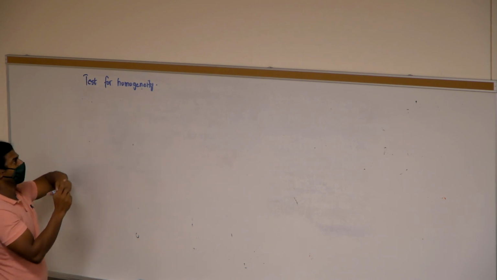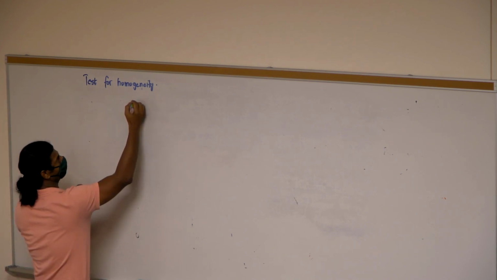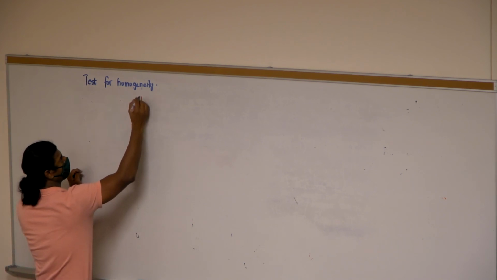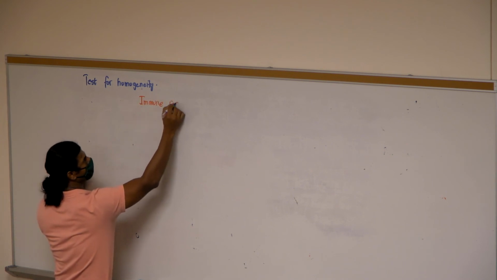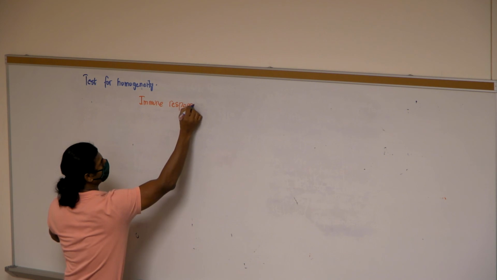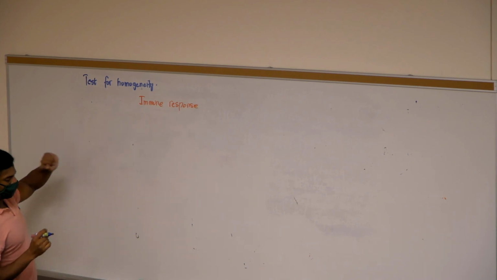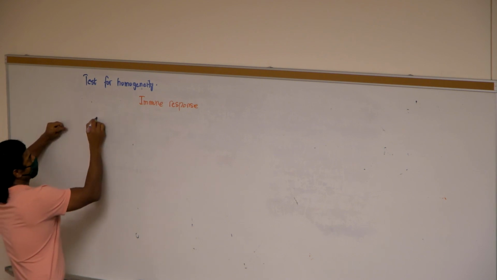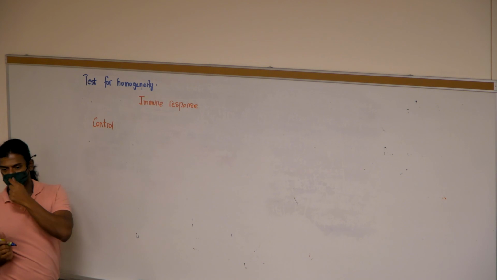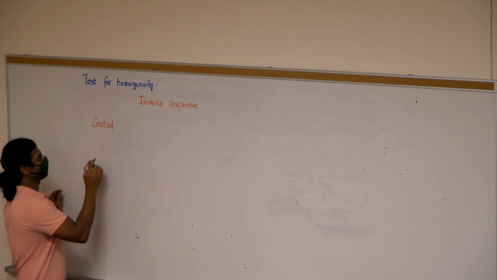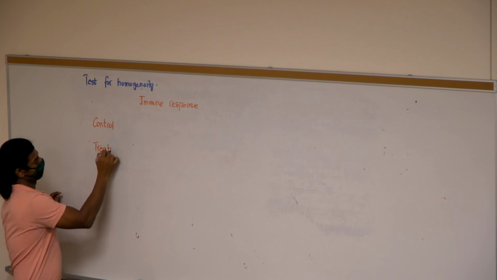What do I mean by that? Let's say you have some sort of a condition, some sort of immune response. And here we have a controlled drug that is currently in the market. So we have one available. And the proposed treatment.